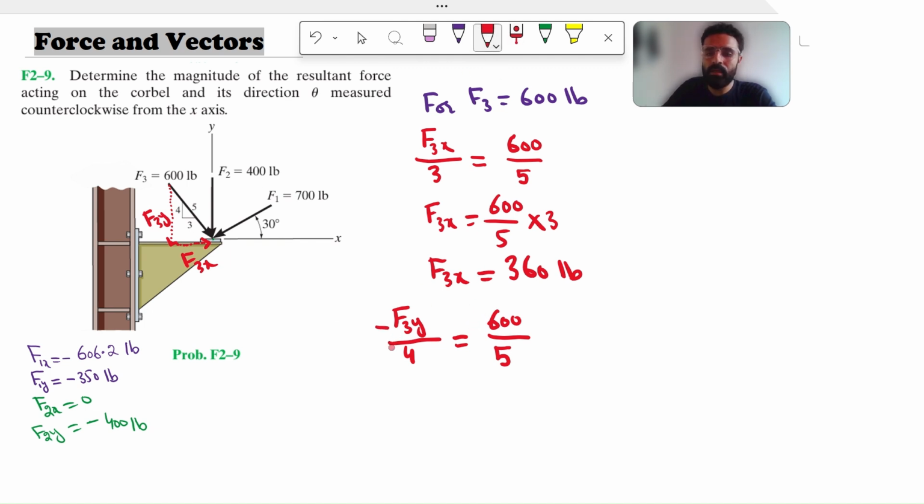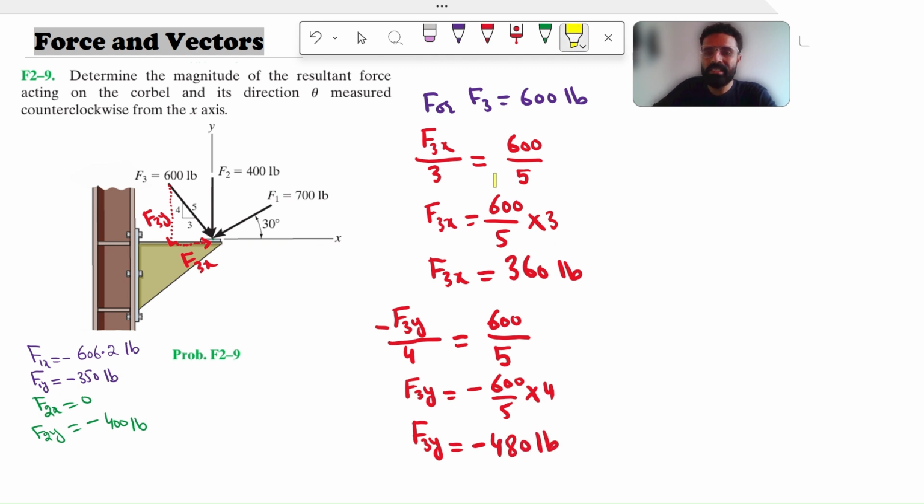So F3y will be equal to 600 divided by 5, multiplied by 4. So the calculation for the F3y will be equal to minus 480 pound.